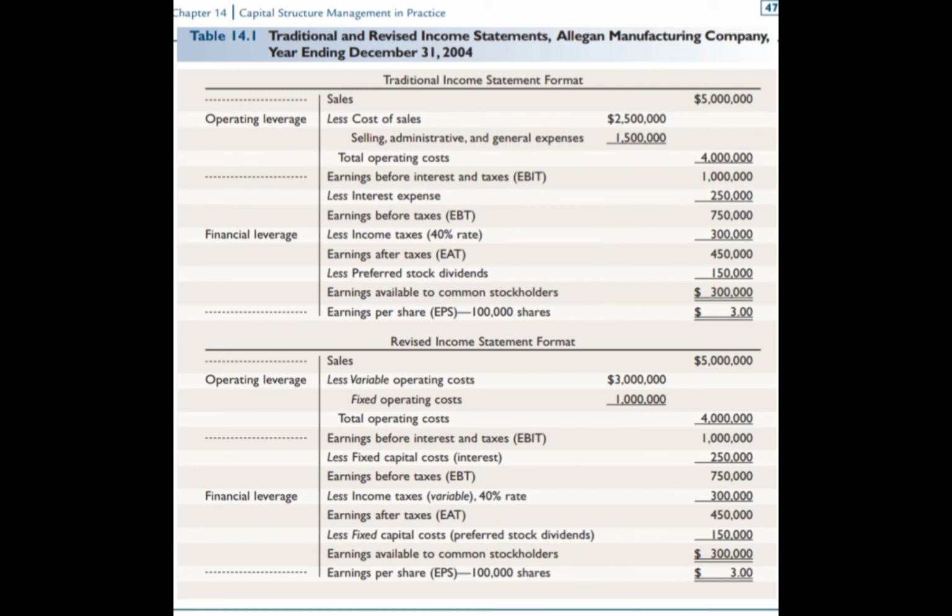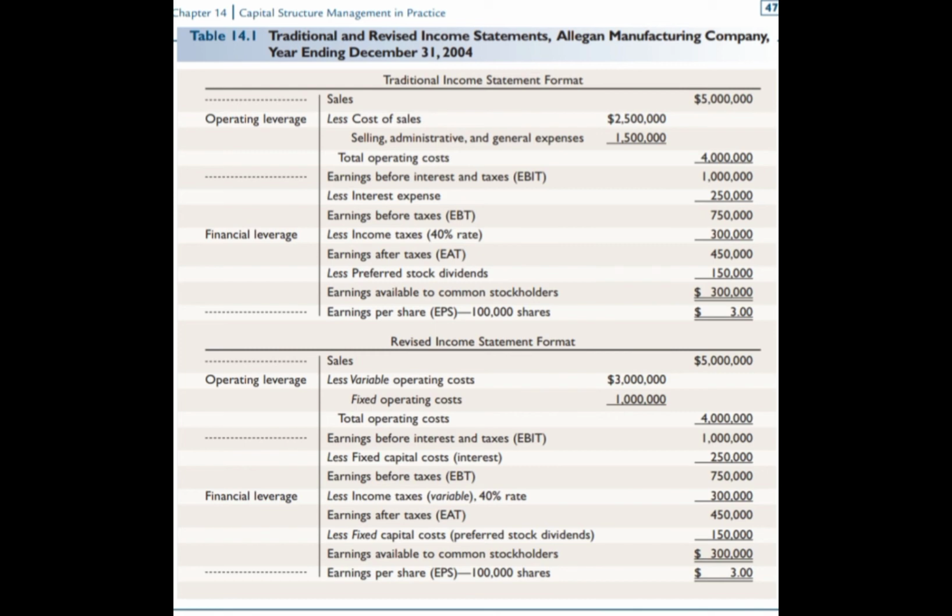So, revised income statement format. So, same ra gyapon ang paagi nga na. So, revised income statement format, sales nga $5 million, less variable operating costs nga $3 million, o ang fixed operating cost na nga 1 million, i-plus nimo sadya na kay total nga 4 million.